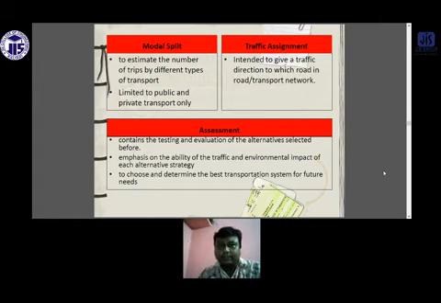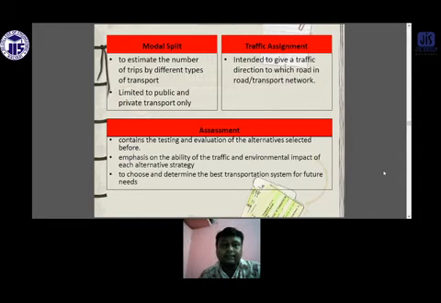Now the question is which route I will select to go to the shopping complex. Suppose there are three alternative routes. So basically it is the assignment, meaning the trip is assigned to which route, whether we select route A or route B or route C. This is known as traffic assignment or trip assignment.